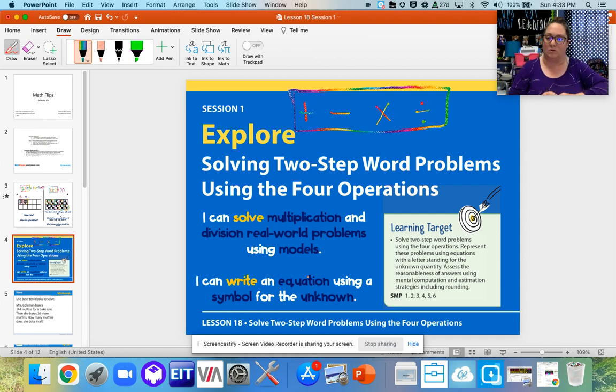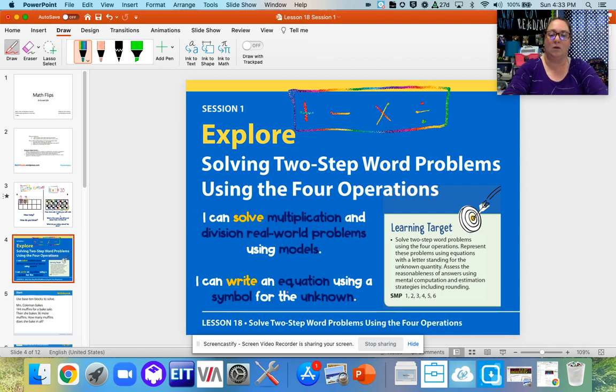We know that when we're subtracting something, we've got some and we're pulling some away from it. So we still have some, but we took some away. When we multiply, we have groups with many in each group. And when we divide, we have a total and we split them equally into groups.